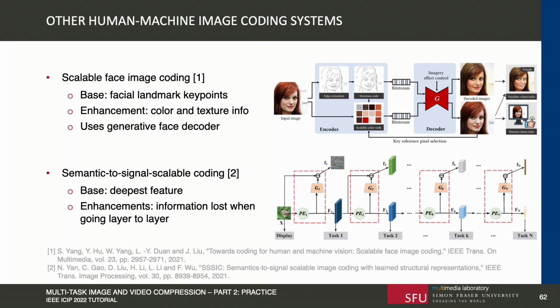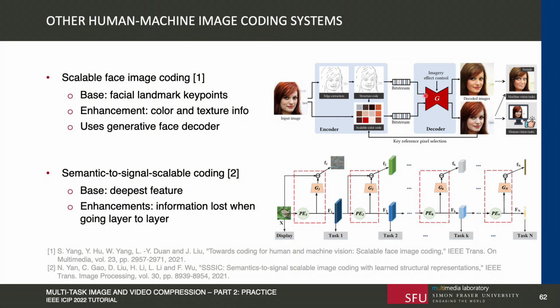So let's look at a few other examples of multitask image coding systems from the recent literature. So this system shown here at the top is intended for scalable face image coding, and the base task here is face recognition. So the base layer bitstream here is derived from like a sketch of an image and includes the information about the key points, facial key points, landmarks in an image.